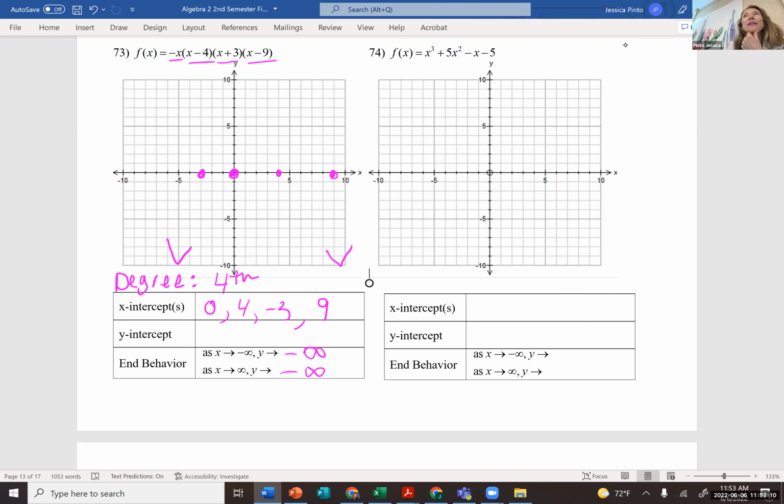And I determine that based on the degree and the a value. With odd degree, the arrows point in different directions or opposite. So now I just want to connect these. It's going to make a W shape. 1, 2, 3, 4.